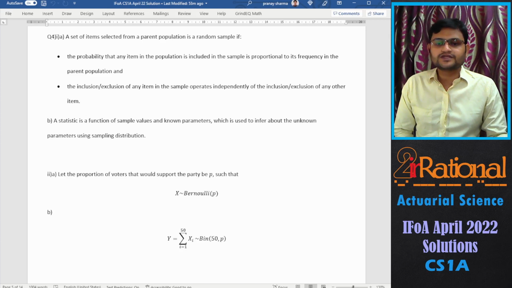I have directly taken this from the book. You should write it in your own words. B part, a statistic is a function of sample values and known parameters which is used to infer about the unknown parameters using the sampling distribution.